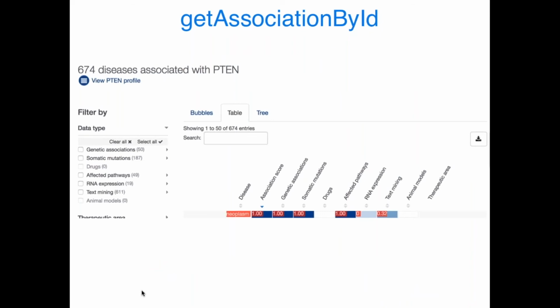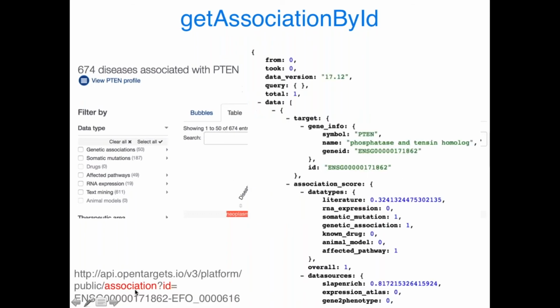Then I can use the get association by ID. So let's suppose I want to find a little bit more about the association between neoplasm and PTEN. So I know from the previous endpoint that the EFO ID for neoplasm is this one here.